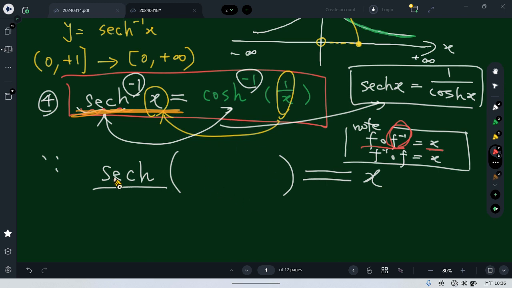Can you understand that? Let me repeat it again. I already know it's a one-to-one function, so we can have an inverse function for hyperbolic secant, right? Right now I'm trying to find its inverse function.